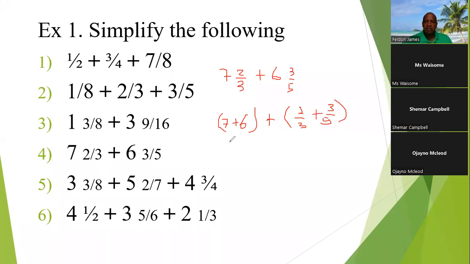All right, so when you add 7 plus 6, you get? 13. All right, so you have 13. Now for the fractions, what we do is to find the LCM. What is the LCM here? LCM is 15. All right. So our LCM is 15.